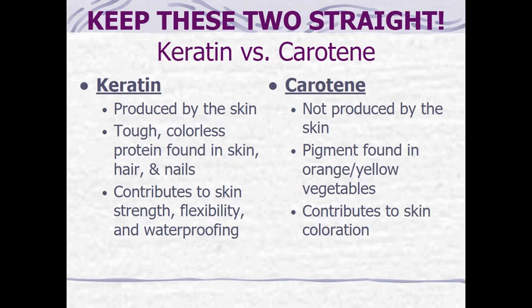And this allows our skin to be strong, flexible, and waterproof. On the other hand, keratin, not produced by the skin, is that yellowish, orangish pigment that's found in vegetables, and it can cause some contribution to skin coloration. So make sure that you are able to differentiate between those two terms.